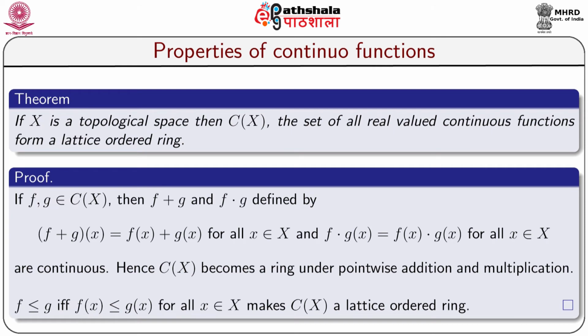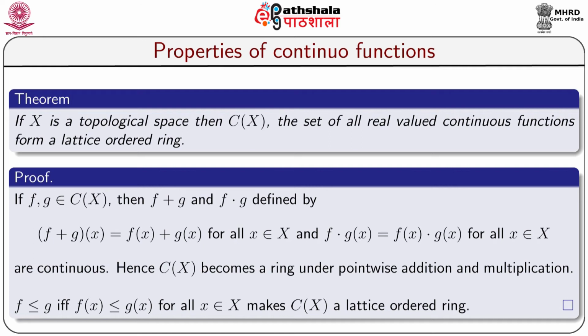Again, we are continuing some properties of continuous functions. This is an important theorem. If X is a topological space, then C(X), the set of all real valued continuous functions, forms a lattice ordered ring. Proof. So, we have to define an addition, a multiplication and an order relation on C(X).